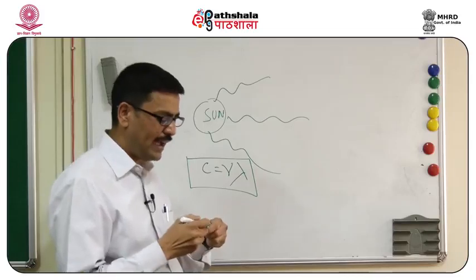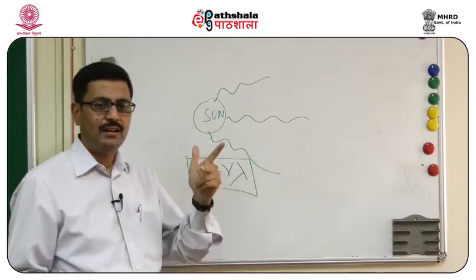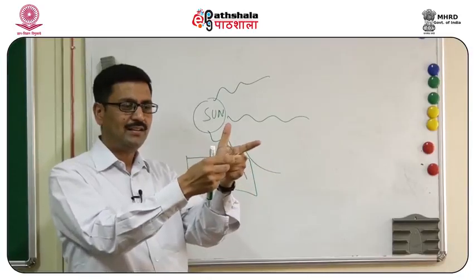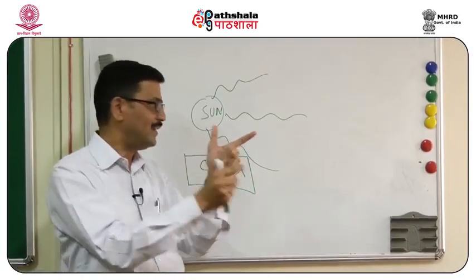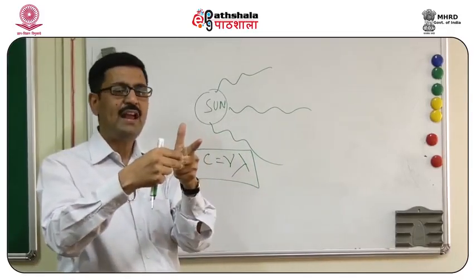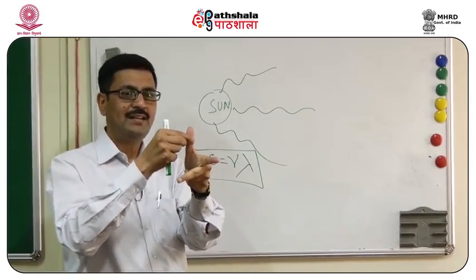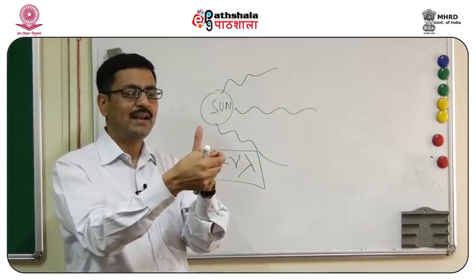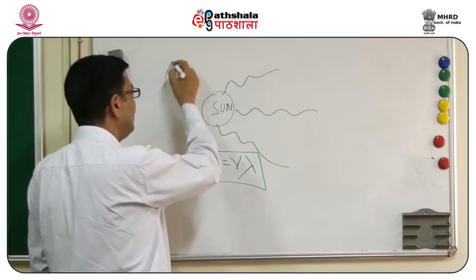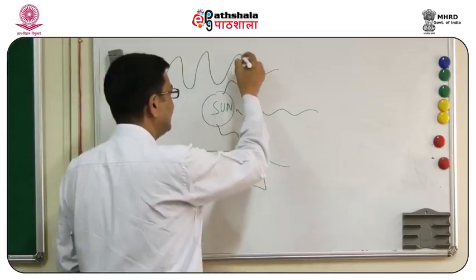If I try to help you understand through my fingers, this is the source of light energy, that is this sun's energy which is travelling at the speed of light. This is the electrical field and this is the magnetic field. So, the sun's energy is travelling in a wavy fashion like this.